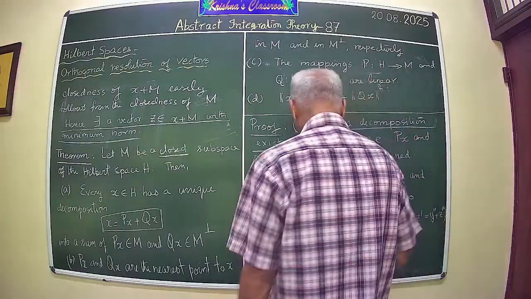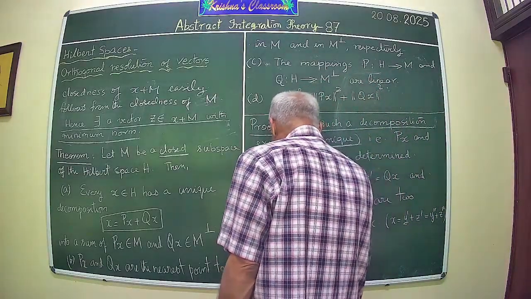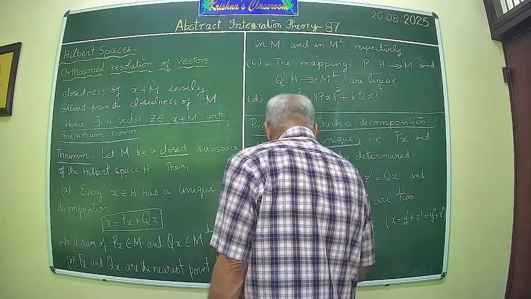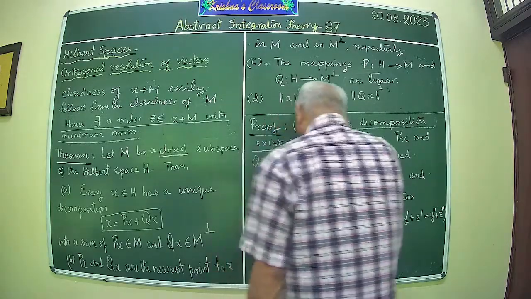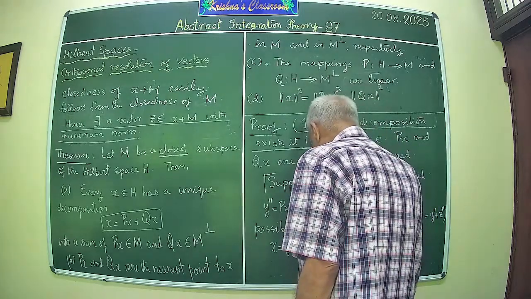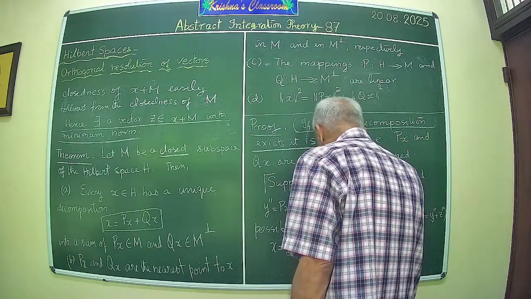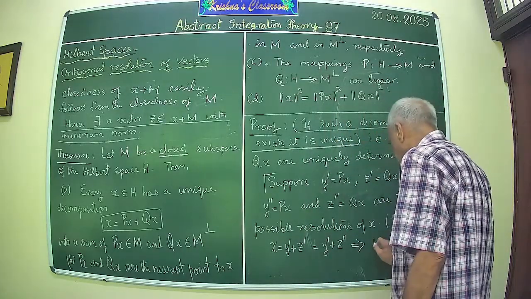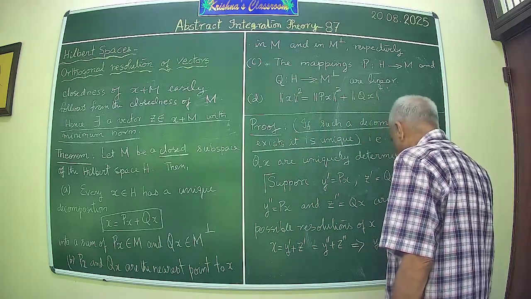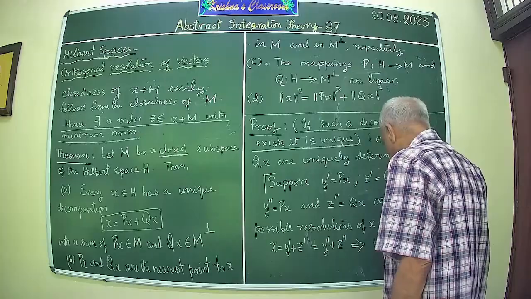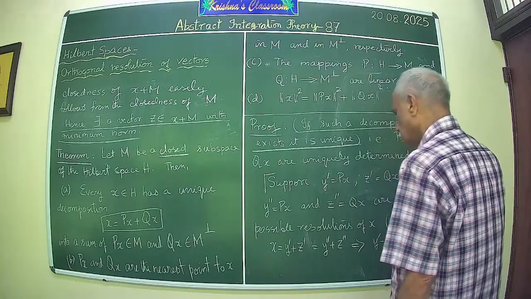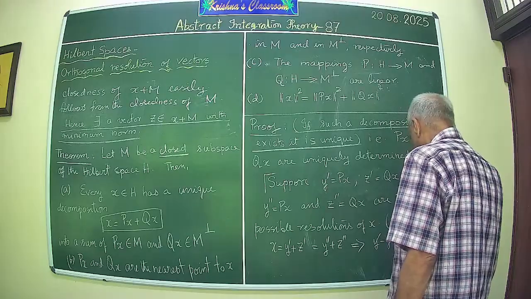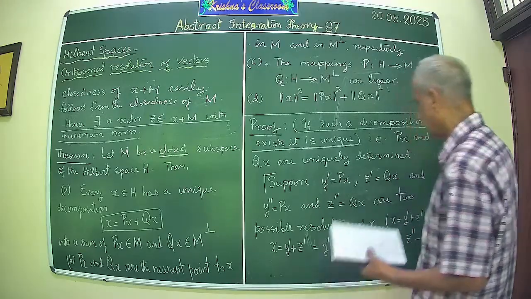So this relation, x is equal to y prime plus z prime, which is also equal to y double prime plus z double prime, implies y prime minus y double prime equal to z double prime minus z prime.